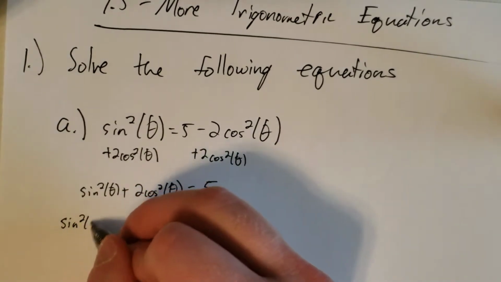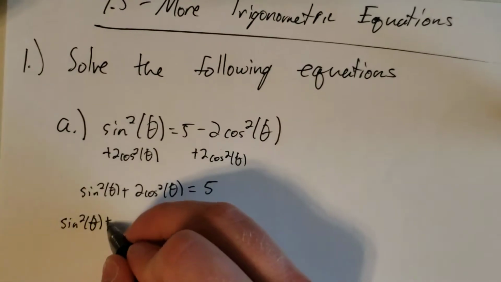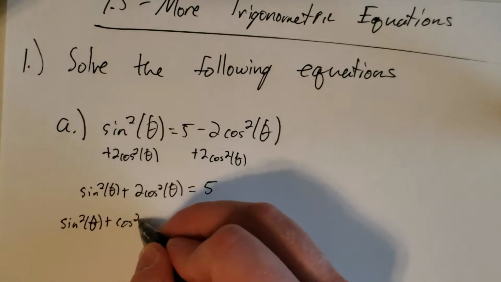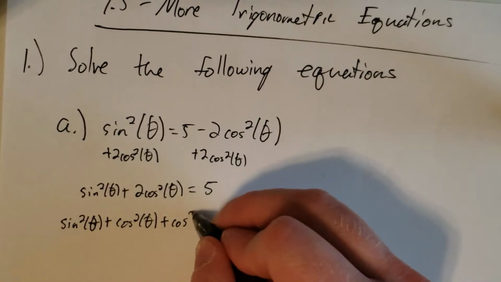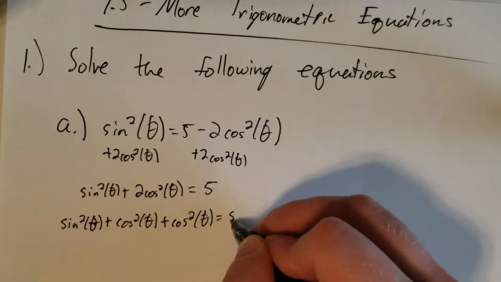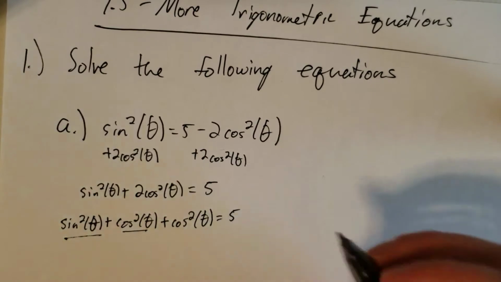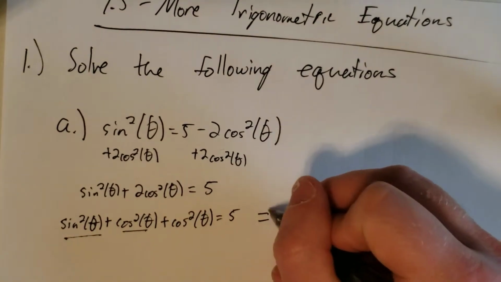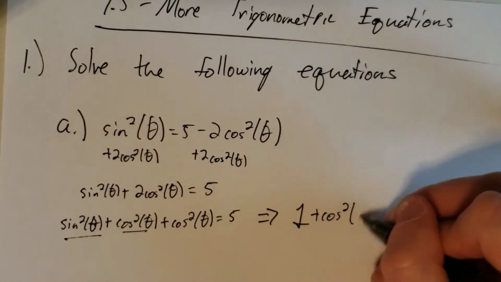Sine squared of theta plus 2 cosine squared is just a cosine squared of theta plus another cosine squared of theta is equal to 5.